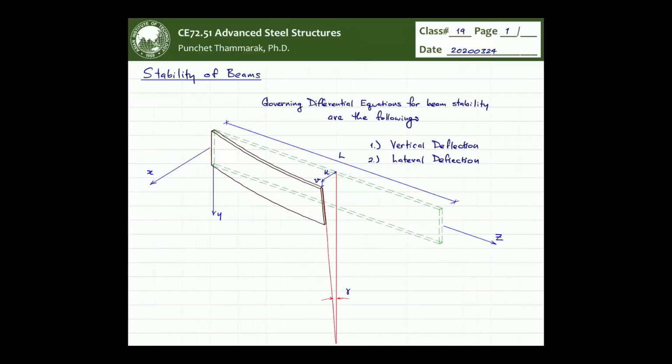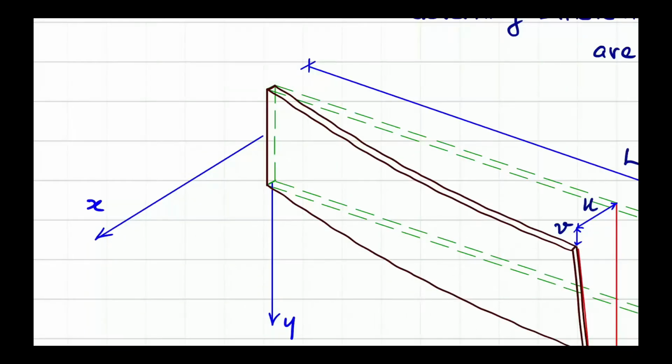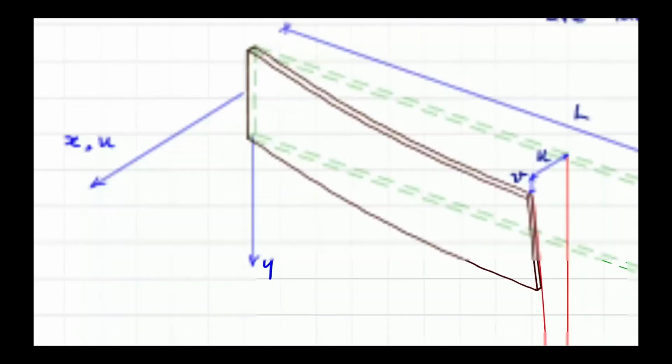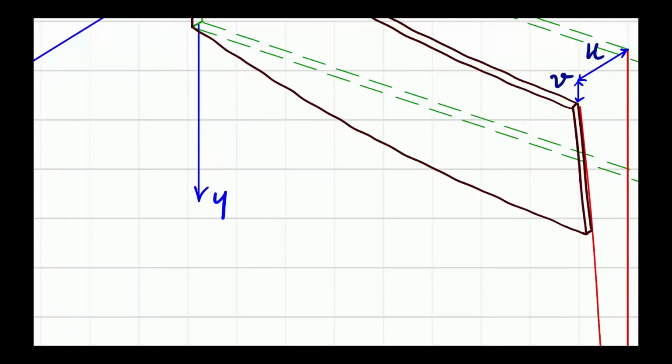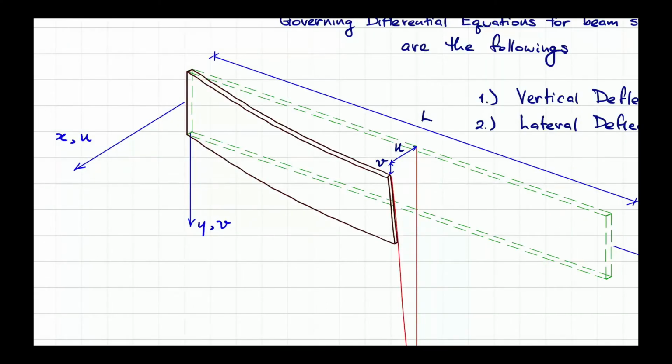So this is like a side sway. It is going on in the x direction, and we define x as the axis, and the displacement corresponding to this x-axis is called the u displacement. For the deflection in the y, we call the deflection by using the v.